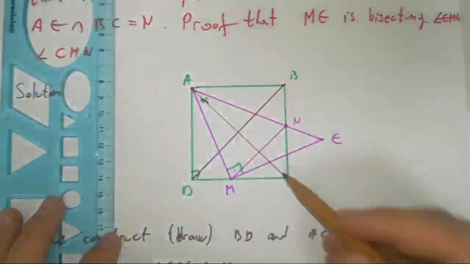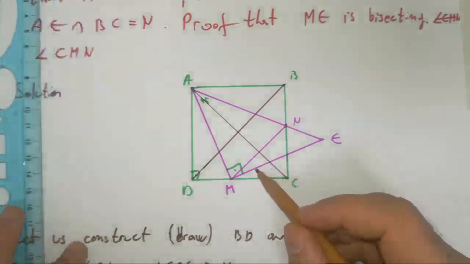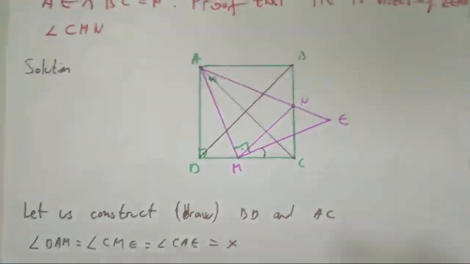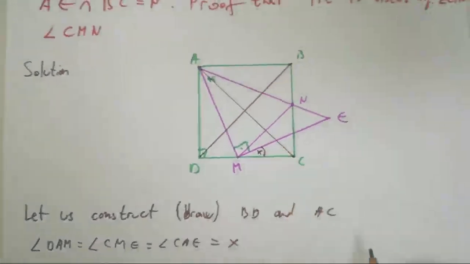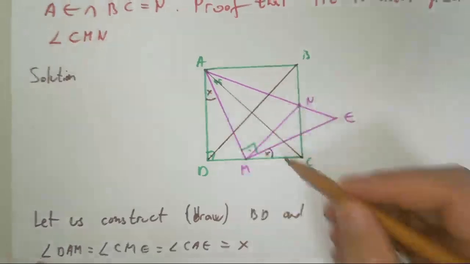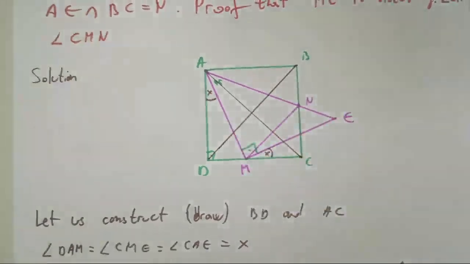What do we see here? Let's denote this angle with X, as I've denoted here. And let's denote this angle also with X because they are equal. Why are those two angles equal?